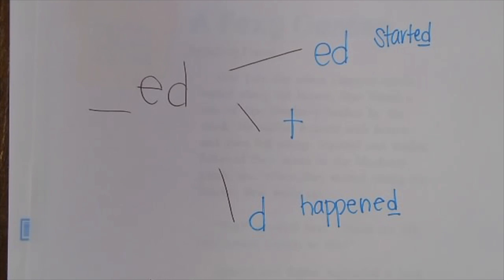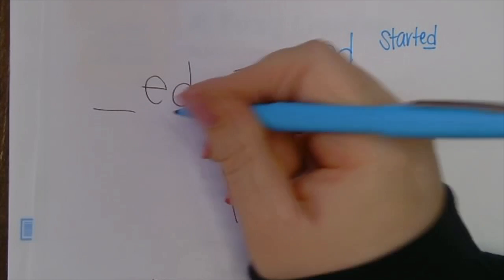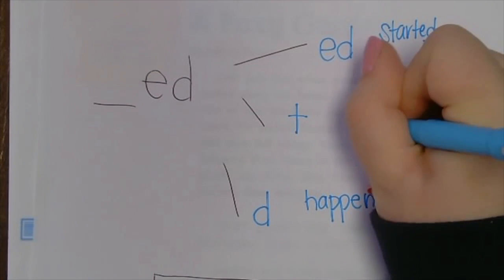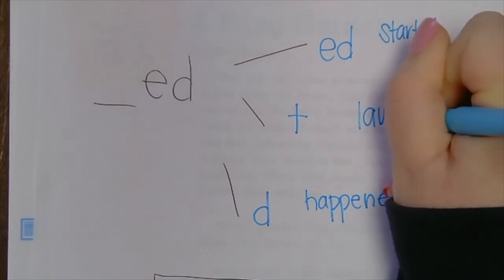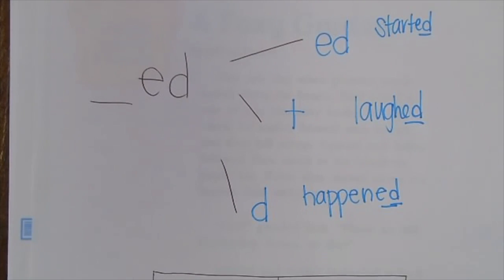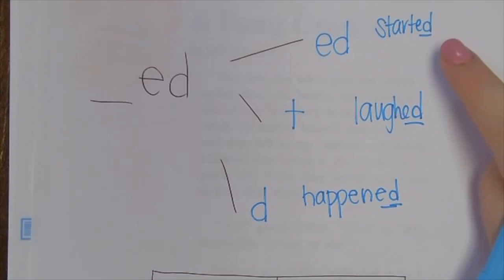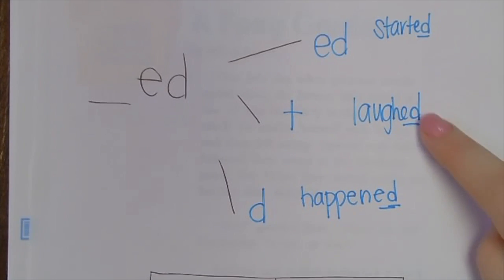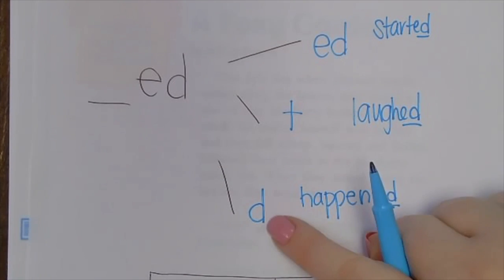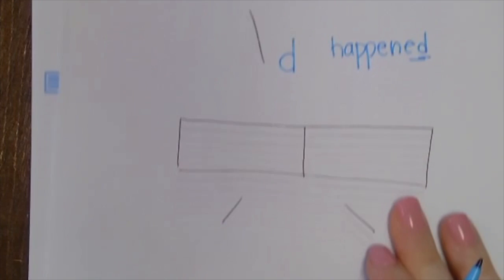So we'll write down a word that has the t sound that ed can make, okay, as we read. So for example, laughed, even though it has that ed, it says t. So as we read, I want you to pay attention to, if I look at those ends and it has an ed, does it say ed, t, or d?